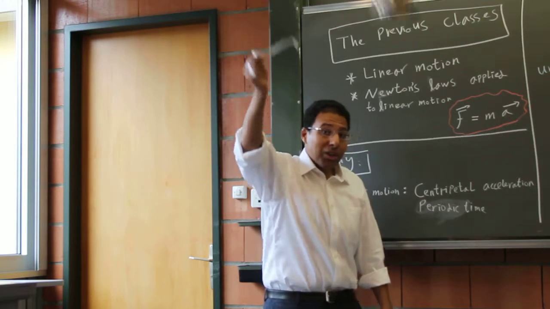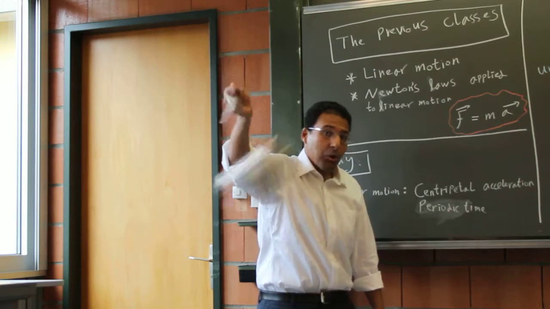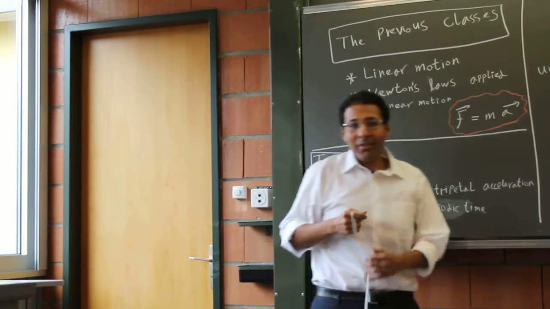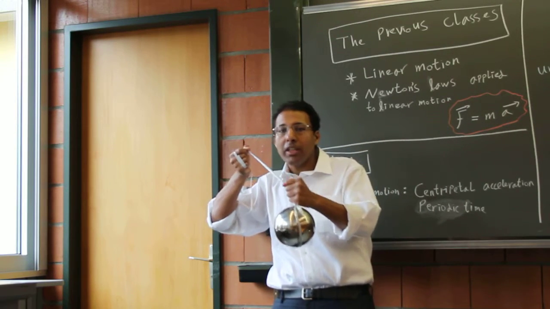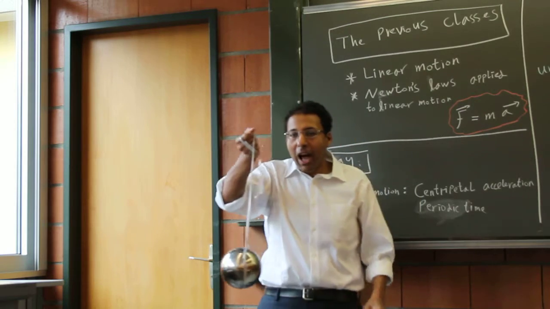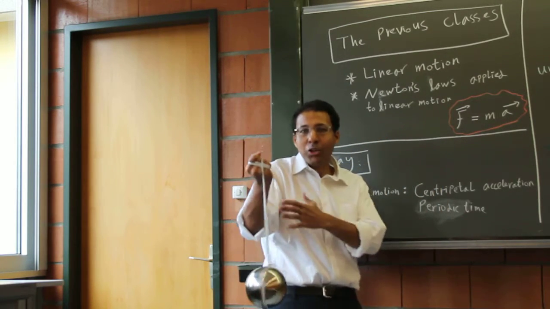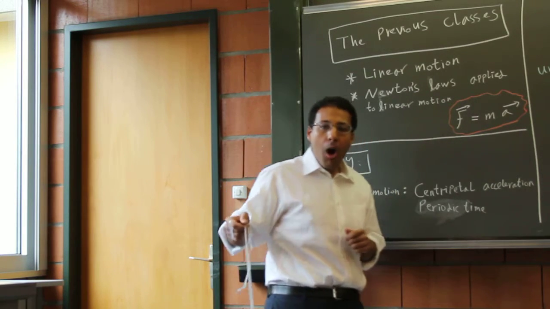Okay, now my question is, what provides the centripetal acceleration in this case? Right, it is the tension of this string. And I want you to try this, and you'll find that you have to exert some force in order to keep it in a circular orbit.